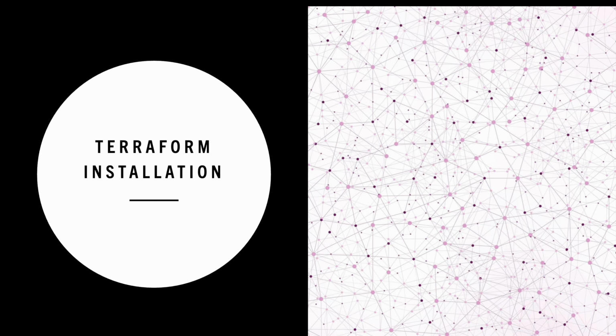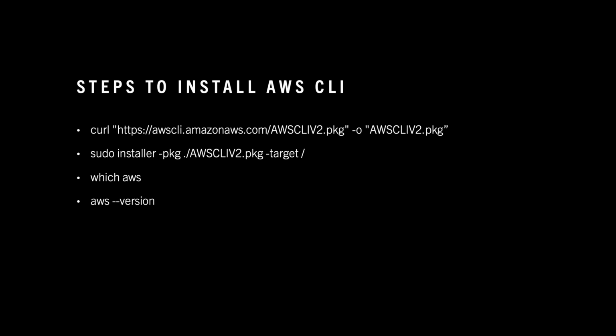I'm using MacBook, but there are instructions to install Terraform on Windows or Linux platform if you are using. But in this exercise, I'm going to explain how to install Terraform on MacBook. So in this exercise, we will first talk about how to install AWS CLI.